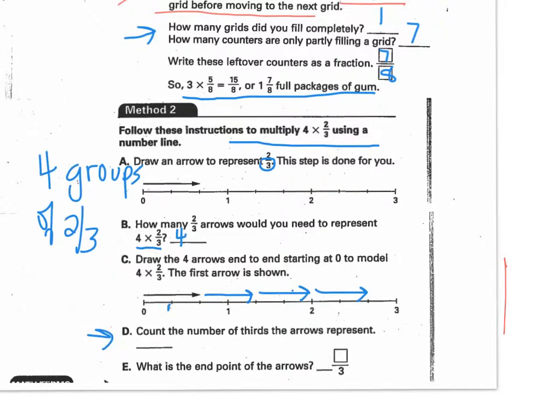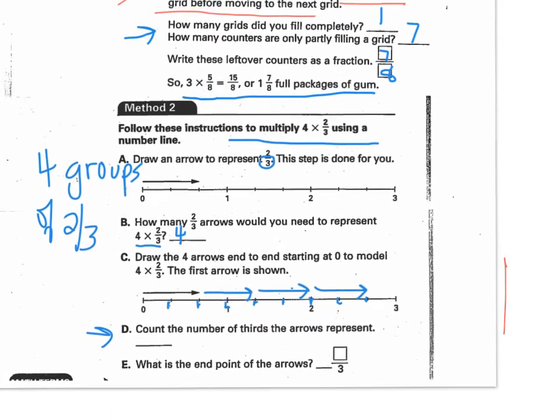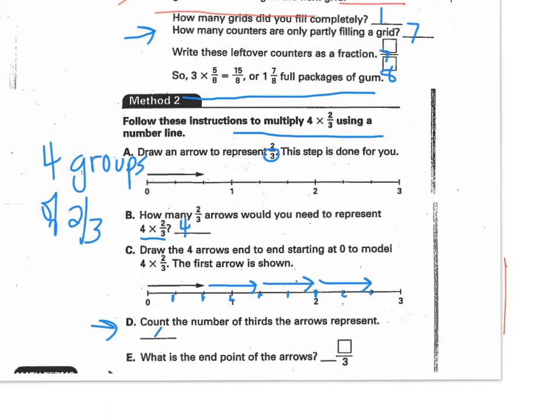So I have 1, 2, 3, 4, 5, 6, 7, 8. I have 8 thirds. What is the end point of the arrows? 2 and 2/3.